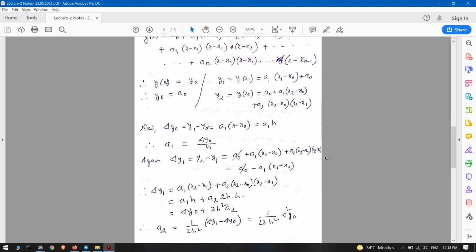Okay. So now we can write what will be the value of the polynomial. In that assumed polynomial, now we can put the value of a0, a1, a2, a3 up to an.